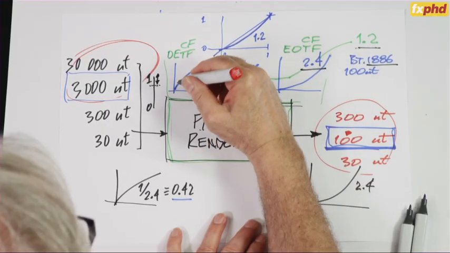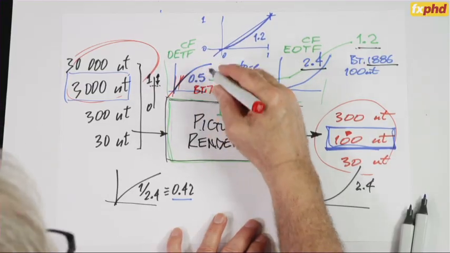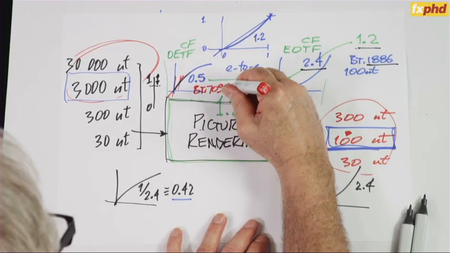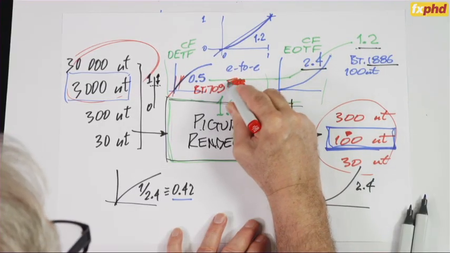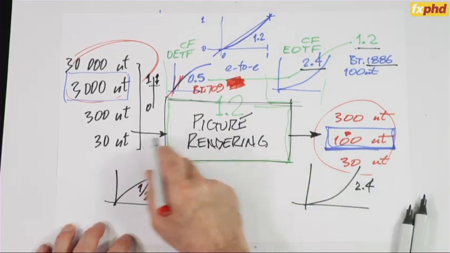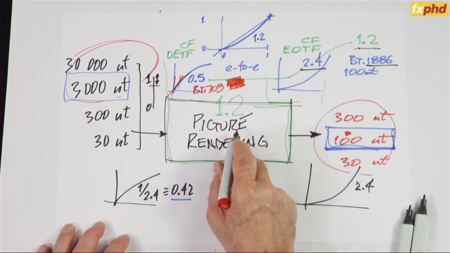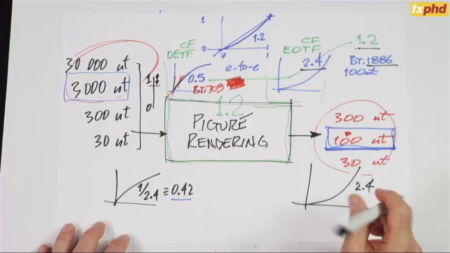However, BT709 includes a scaling and an offsetting and an insertion of a linear term, and the number that's actually in the equation is 0.45. But the real number that's effectively going on is 0.5. So, this issue of 1.2 power function for picture rendering in HD, it's not well understood among the HD experts.